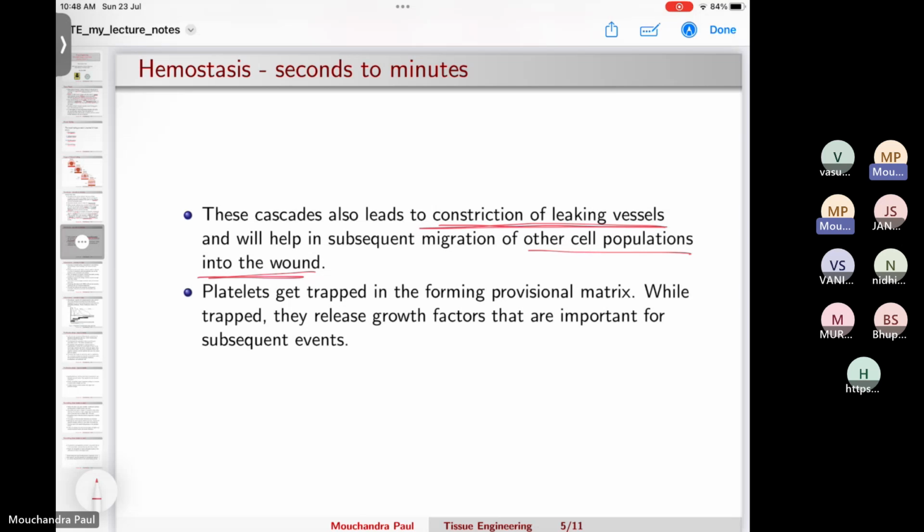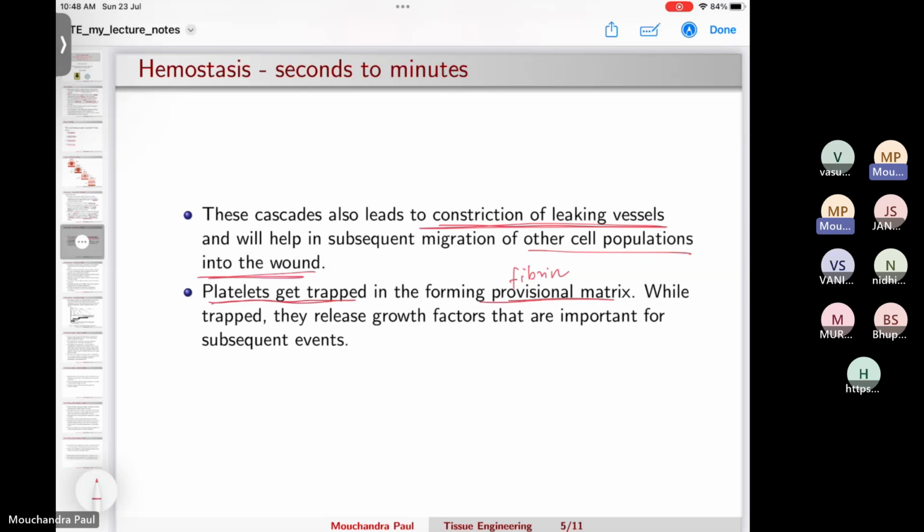So these are a few important contributions of the cascades that were initiated by the first residents of the injury, that is the platelets. The platelets get trapped. The platelets which originally arrived at the wound site are not going to leave. They are instead getting trapped in the provisional matrix made up of fibrin. As I said, it's a hydrogel, so it has a matrix of polymer chains.